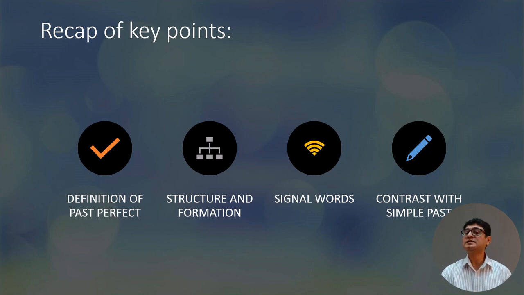We also learned a few signal words: already, before, by the time, after, when, and we also learned that this tense is different from past simple. In past simple, time relationship is not specified, but in the past perfect, time relation is specifically mentioned, or the emphasis is on the time factor.